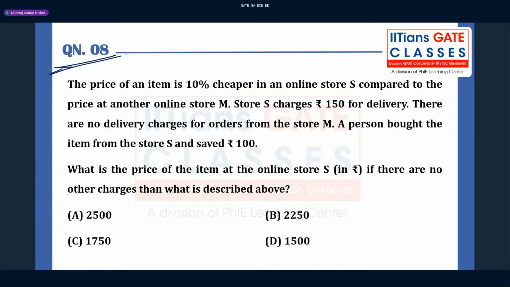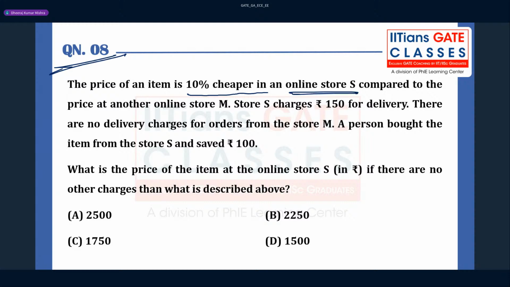Now the question number 8, guys. Let us go to next question. The price of an item is 10% cheaper. See, this is a question from percentage, profit and loss, whatever you can consider. The price of an item is 10% cheaper in an online store as compared to the price at another online store.